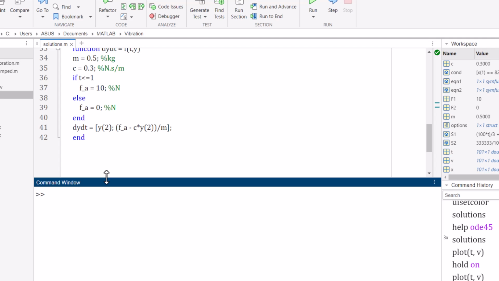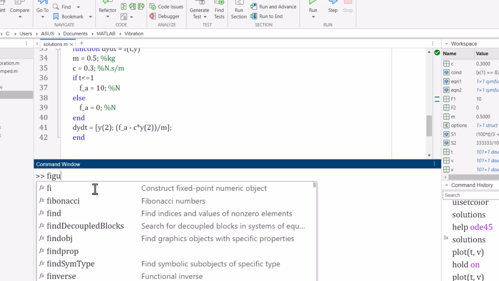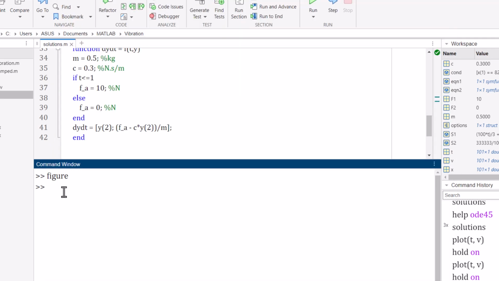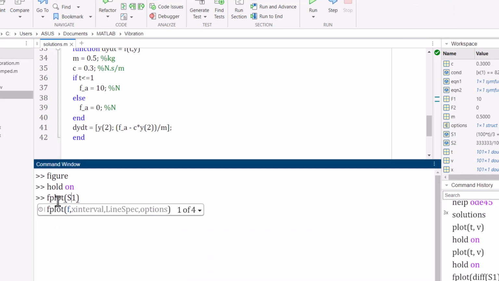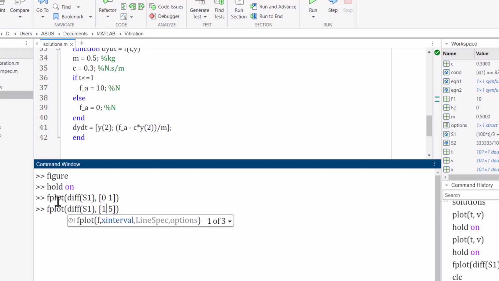Now, how can I plot the velocities? Okay, using the dsolve command, I have to take the first derivative of s. So I create a figure. I press hold on. I plot the first derivative of s1 from 0 to 1, then from 1 to 5, s2.